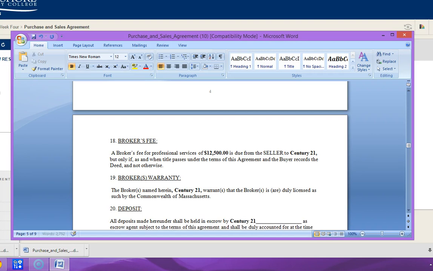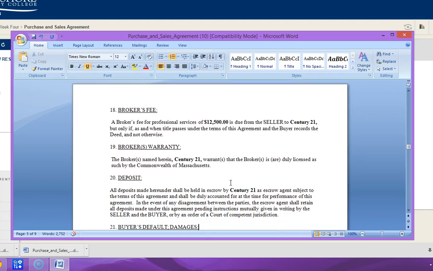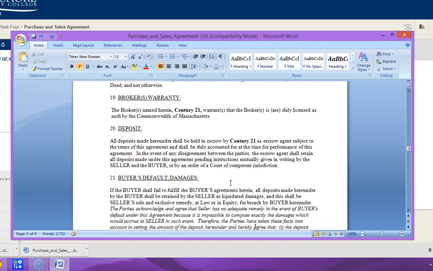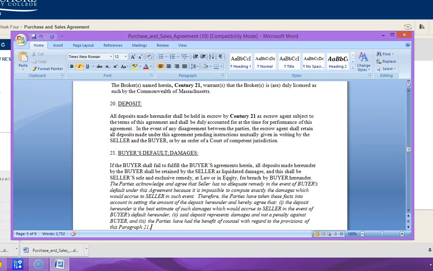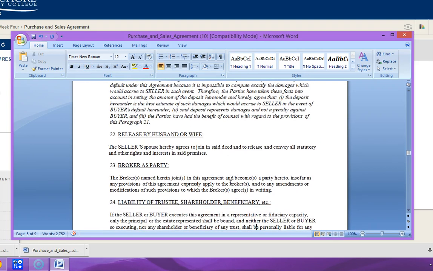So that's what goes there. All deposits made hereunder shall be held in escrow and accounted for at closing by the broker, Century 21. If the buyer fails to fulfill his promises, which means perform, which means buy the property, the seller gets to keep the $7,500 that's listed in paragraph 7 as liquidated damages. Okay?